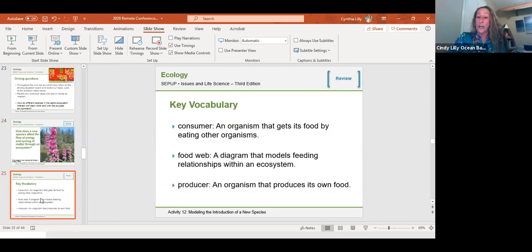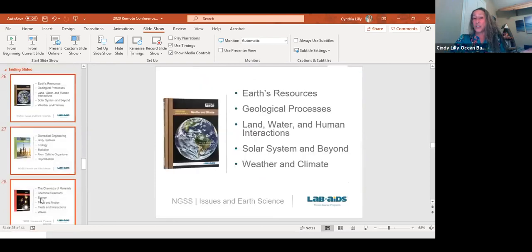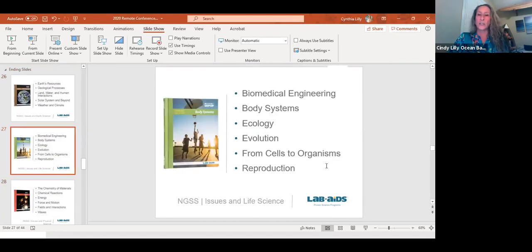So at this point, what I'd love to do is just let you know that these are the earth science units: the Earth's resources, geological processes, land and water human interactions, solar system and beyond, and weather and climate. I teach the life science ones.